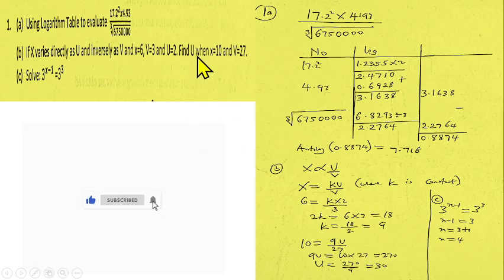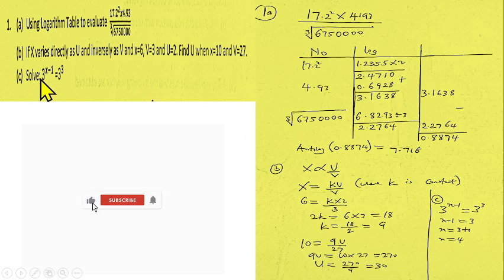Now you have to find the value of u when s is 10 and v is 27. Going back to our equation, we have 10 equals 9u over 27. Cross multiply, you have 9u equals 10 times 27, that gives us 270. Then u will be 270 divided by 9, that gives us 30. So u is going to be 30.